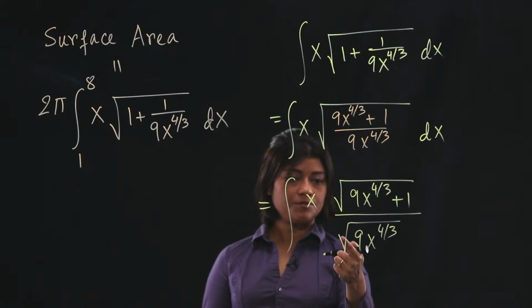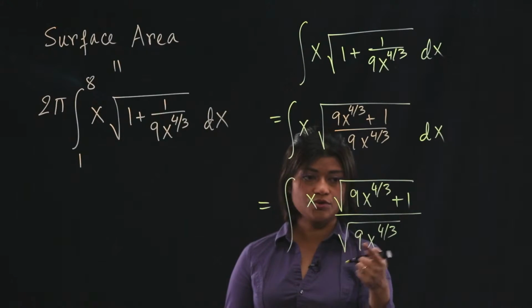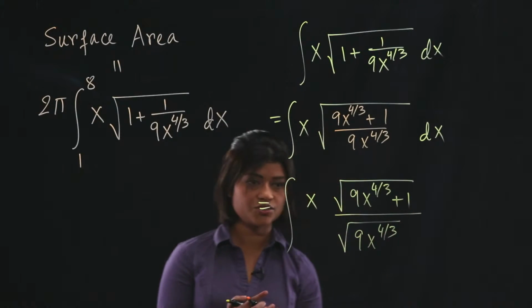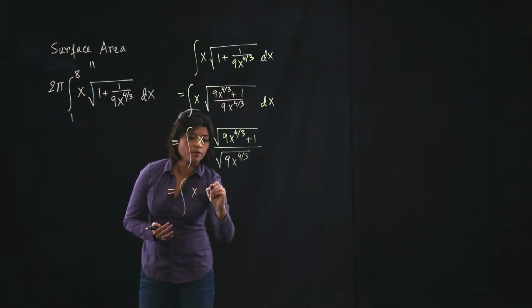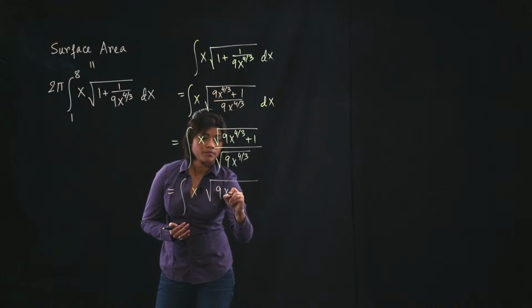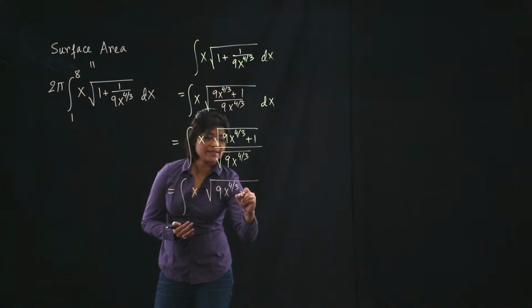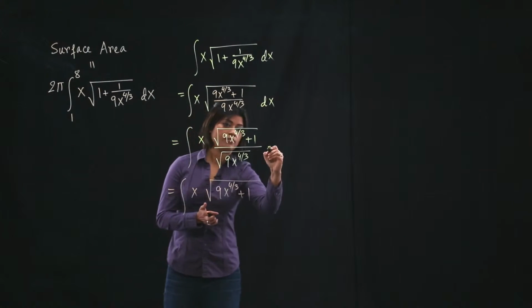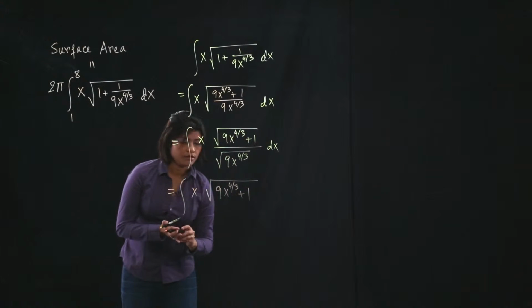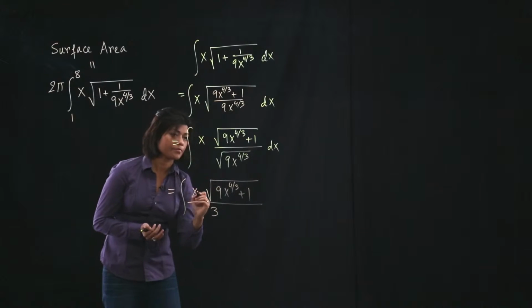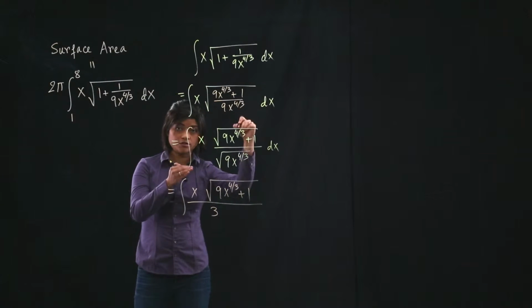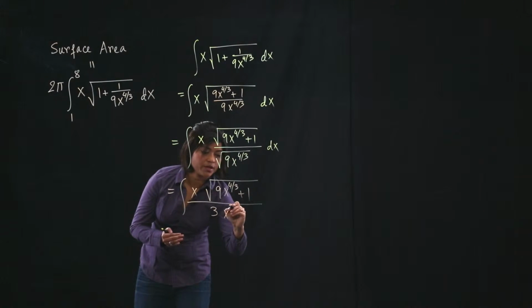And see, if you take square root of 9, you get 3, and if you take square root of the next term, you also get some simplified form. So the numerator remains as it is, and the denominator becomes square root of 9 is 3, and x to the 4/3 to the 1/2, that's x to the power 2/3.